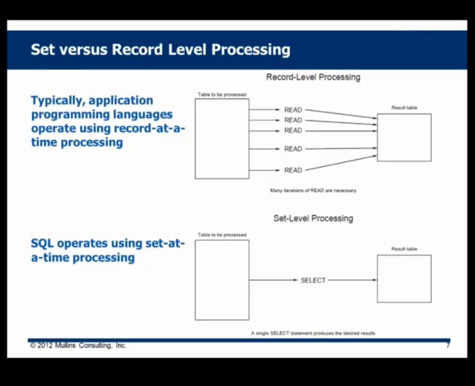But SQL operates a set at a time. So I say select, and it comes back and says, here's all of the rows that satisfy that select. Conceptually, that's what it's doing. So SQL is set processing, whereas our application code is generally written at a record at a time of processing.